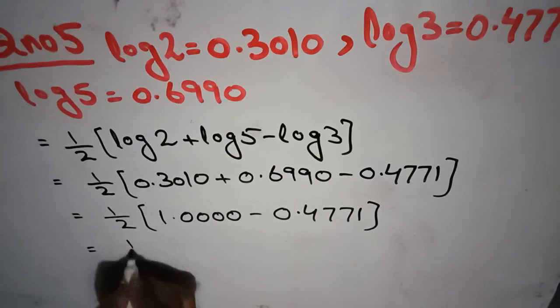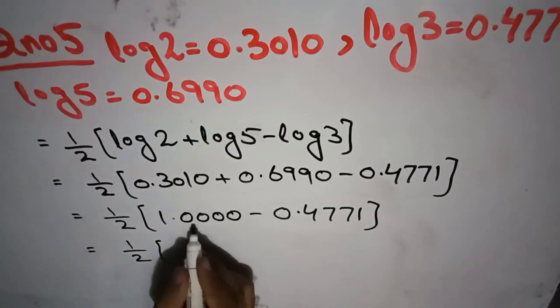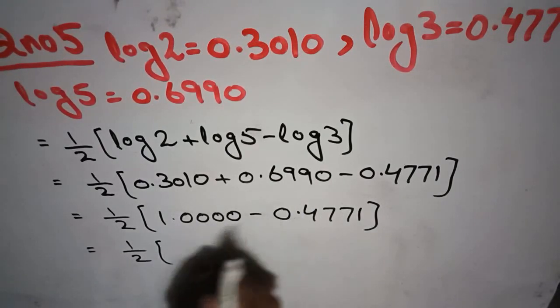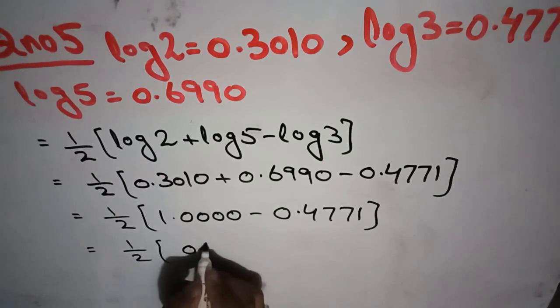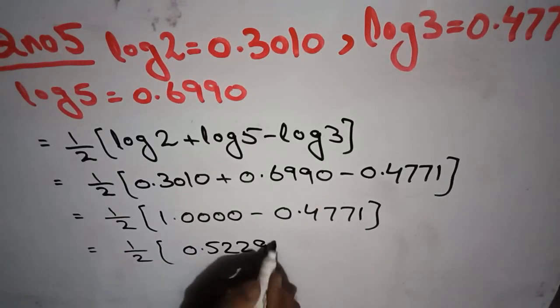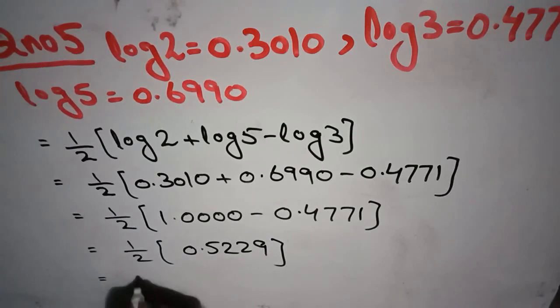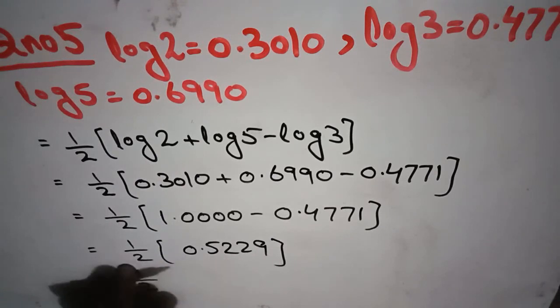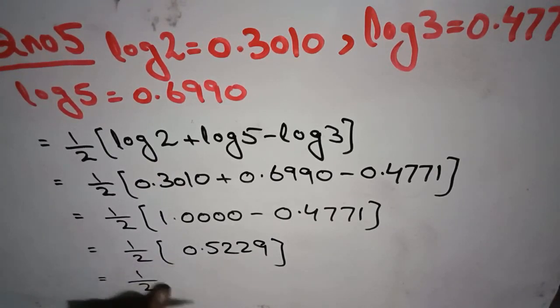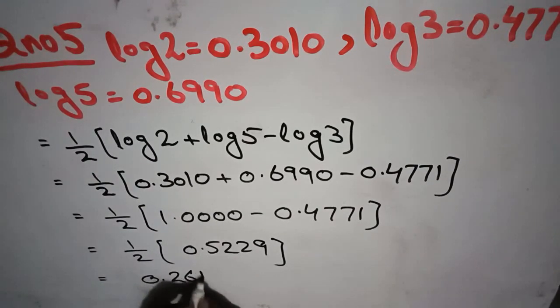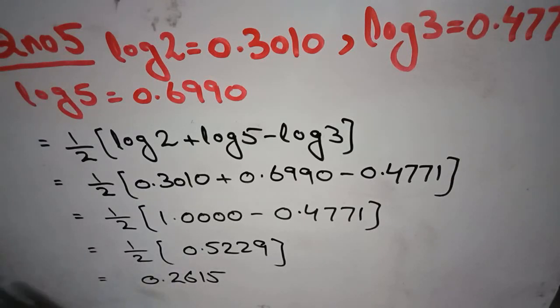After subtracting these values, you will get 0.5229. Now divide this value by 2. So by division we will get 0.2615. So it is the answer, and you can mention it here.